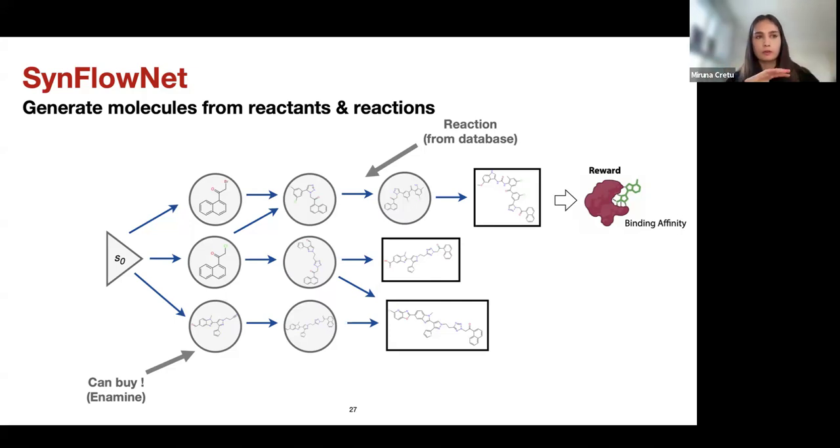The backward process is the same as noise addition in diffusion, and you get to this absorbing state at the very beginning, which is an empty molecular state. That's the analogy and the similarity between the two. But the formulation of the two is quite different.